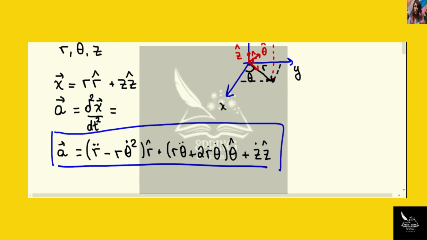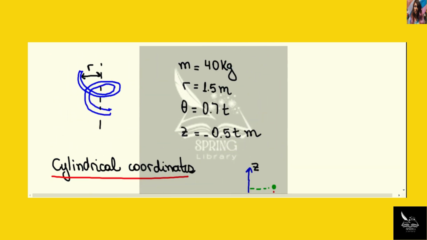So what we have is a boy that is sliding down a spiral slide. He has a mass of 40 kilograms. The radius of the spiral slide is equal to 1.5 meters. The theta angle of the boy is 0.7 times t. This is in radians, t is in seconds.